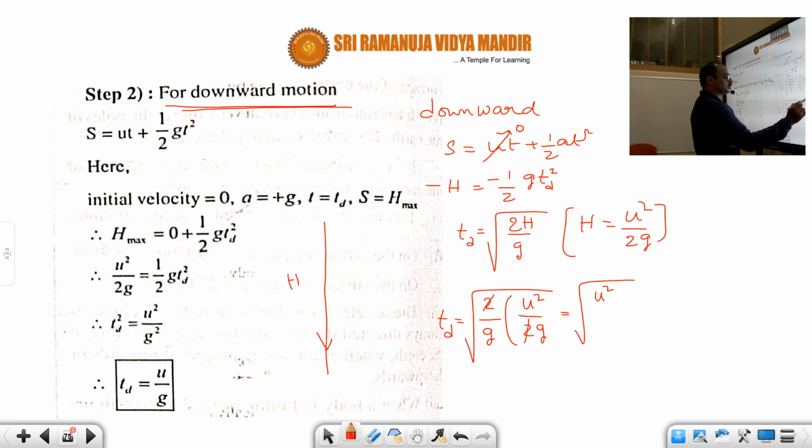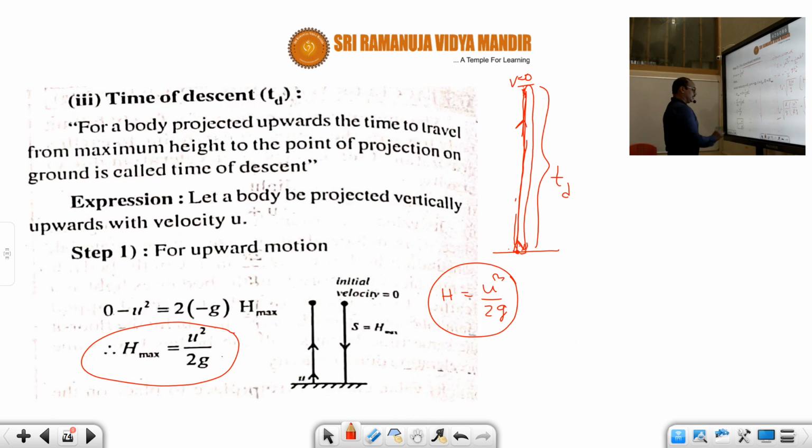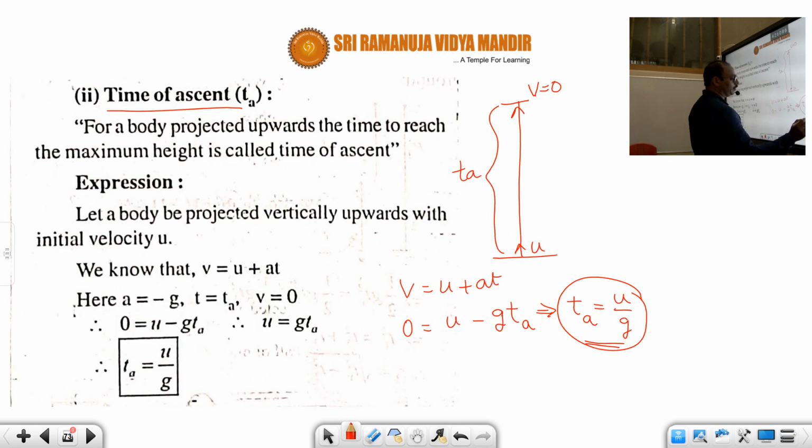So if you look at the derivations of time of ascent and time of descent, time of ascent is u divided by g, and time of descent is also u by g. Therefore, the time to move from the point of projection to the maximum height, and also to reach the point of projection from the maximum height, are equal.